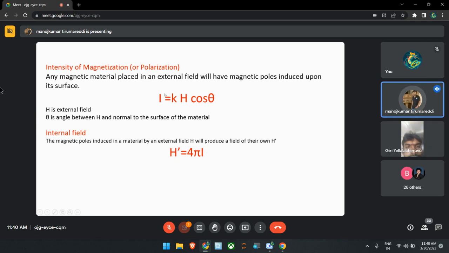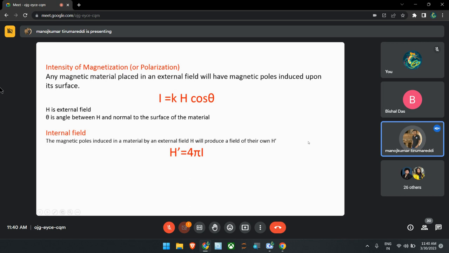Because of that, there will be a secondary magnetic field that is 4π times I. The green colors are representing that H bar. Is it clear? Yes, sir. H is the applied field, H bar is the secondary field. We can say it is primary and it is secondary. Okay.